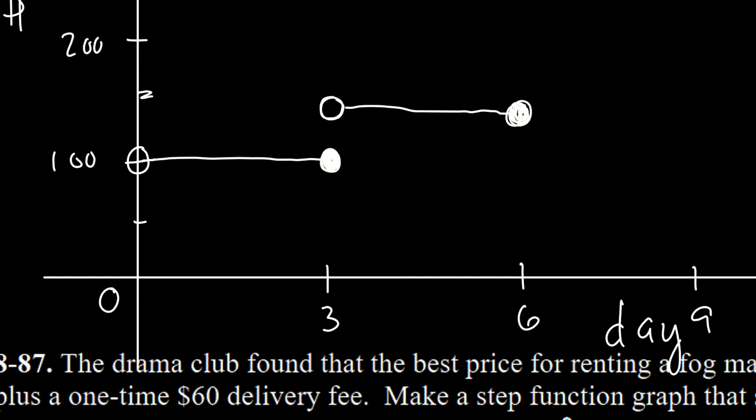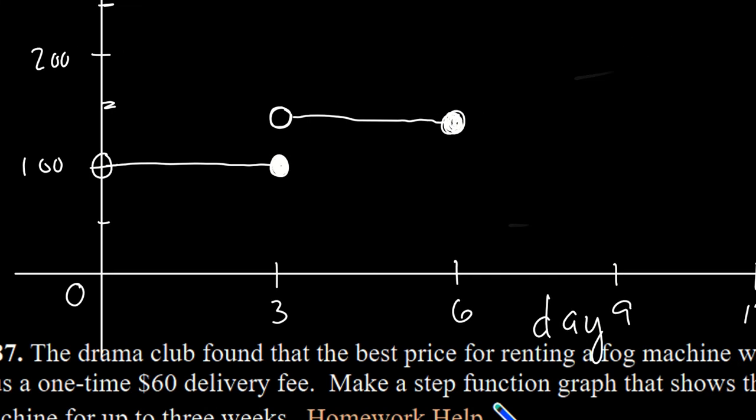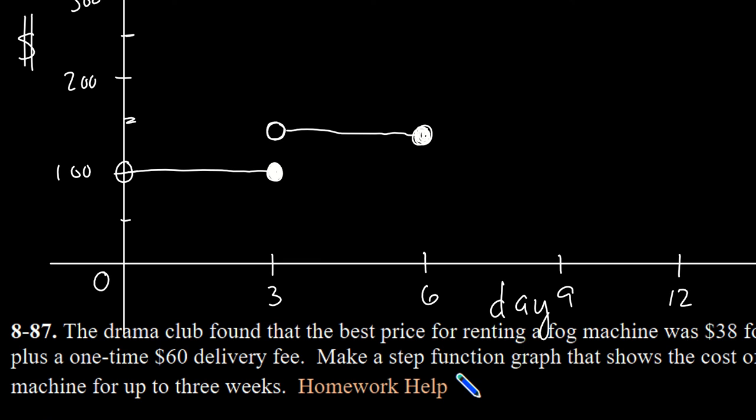This is what you would pay: 98 plus 38. And then 98 plus 38 plus another 38 would be somewhere, quite a bit less than 200, just jumping up, and it's going to be that for the next 3 days, and then this would be a solid dot. So this is what the step function looks like.